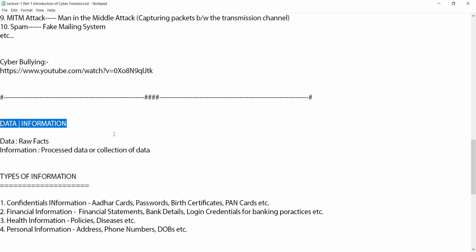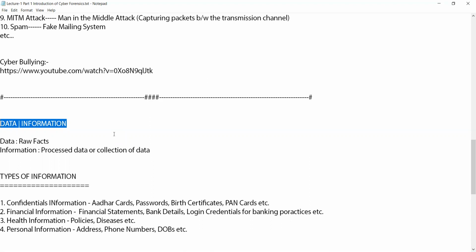So data is everything, useful and not useful, raw facts, and information is what you get once you process the data or the collection of data. Once you extract the useful knowledge from that data, that is called information.